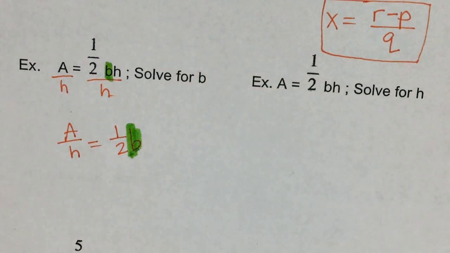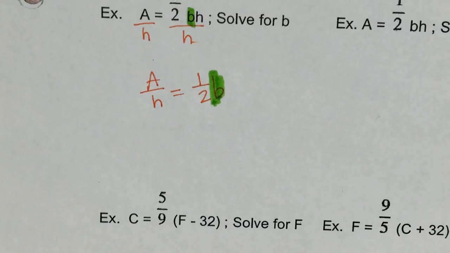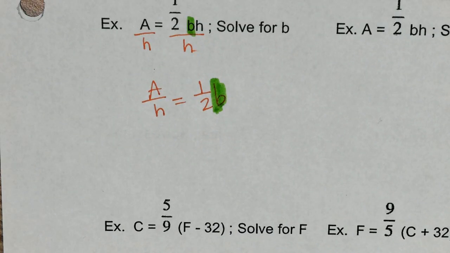Here's my B. I want to get B by itself. Okay. Now to get B by itself, what do I have to get rid of? The 1/2. So yes, it's attached by multiplication, so I should divide. Yes? But we learned the other day we can't divide by fractions. We have to multiply by their reciprocal.